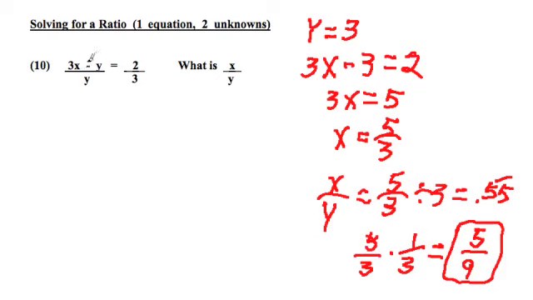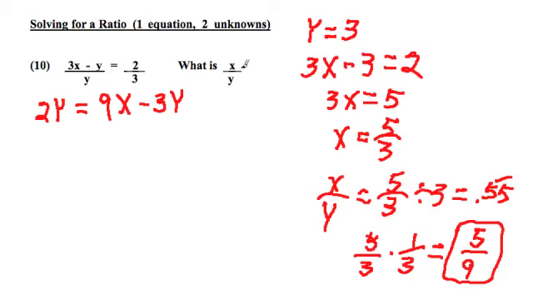Algebraically, when you have fractions on opposite sides of an equal sign, cross multiplication is a good strategy. It'll get rid of the denominators. So you'd have 2 times y is equal to 3 times the numerator, which would be 9x minus 3y.